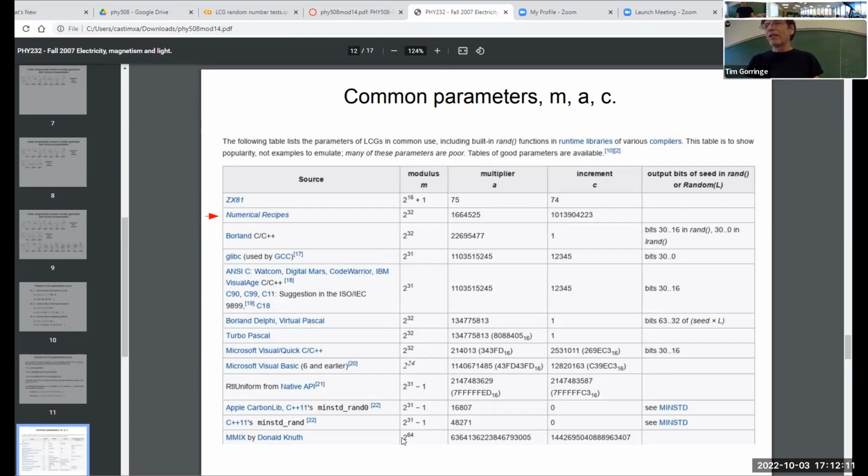So that's kind of a natural number to be picking for a computer. And then you see different combinations of A and C, which are picked to try and get as large a range as possible.